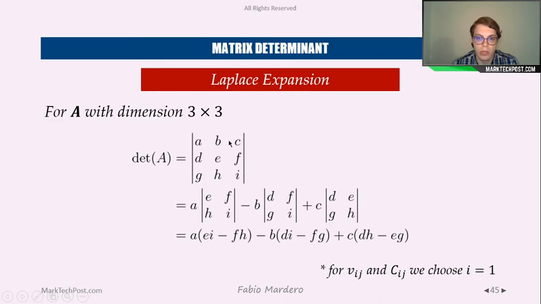Then we have to do the same for B. We take B and we exclude the first row and the second column. So remains the determinant of D, F, G, E. Here we have. And we can move on. Now, the determinants of these 2 by 2 matrices we can compute thanks to the previous slide.